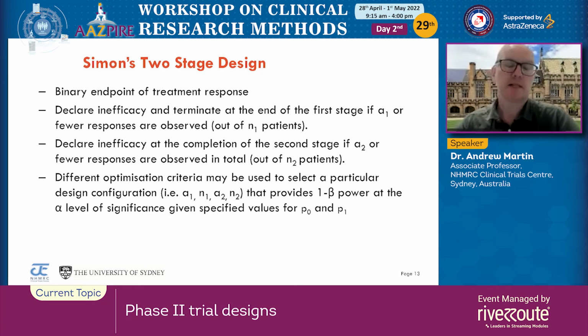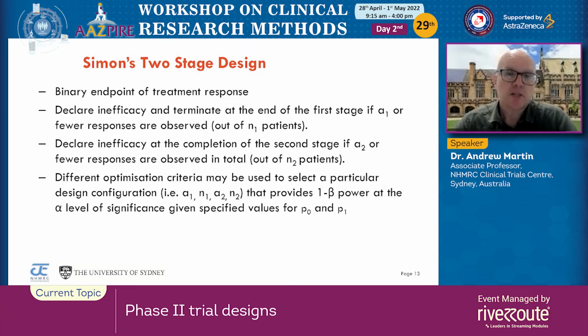We're going to in a minute revisit the Integrate example and look at it from the perspective of a single-arm trial that is carried out in 2 stages. And this is Simon's 2-stage design, where we have a binary endpoint of success, treatment success.